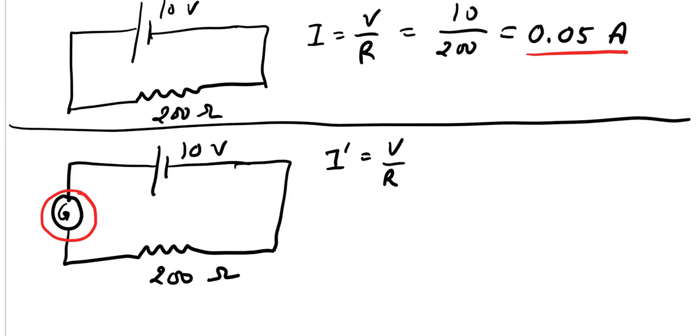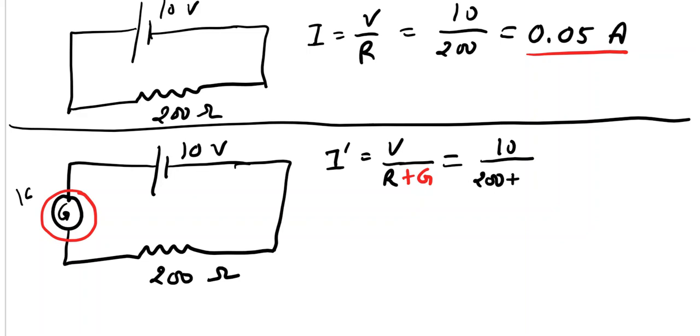Now it is not only V by R. Now I'll have to consider V by R plus G. Why? Because galvanometer has added its own resistance in the circuit. And then what is the current value now? 10 by 200 plus G. How much is G?